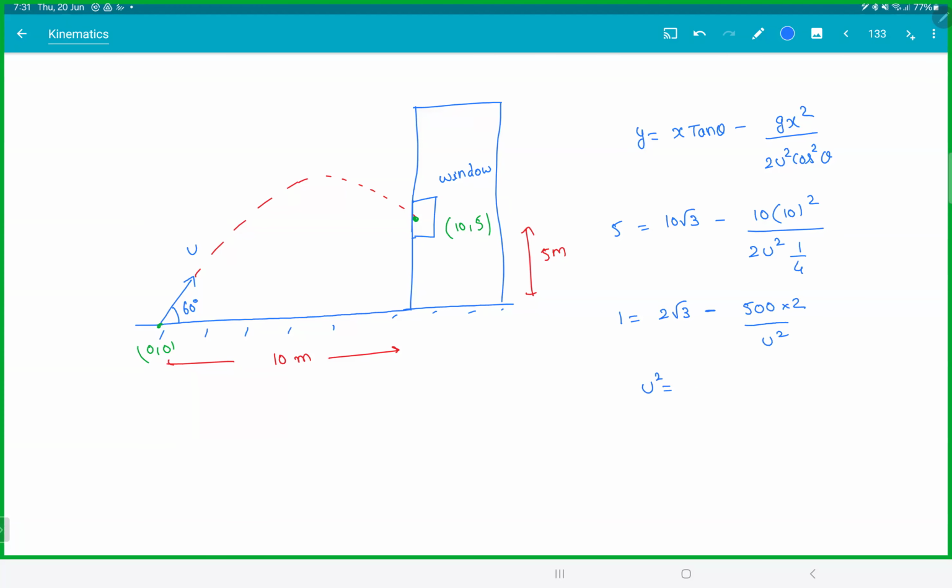No, I cooked up something here. This is 200. That would be 400 by 2 root 3 minus 1. So u is equal to 20 by root over 2 root 3 minus 1. Check it out. Nothing there. Just substitute and you get the answer.